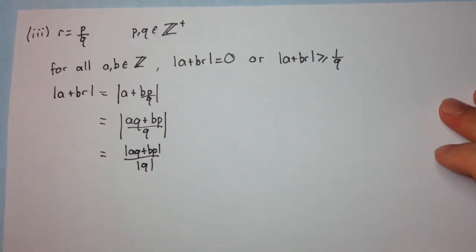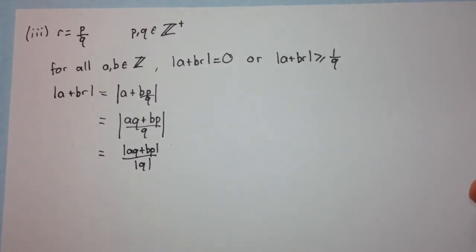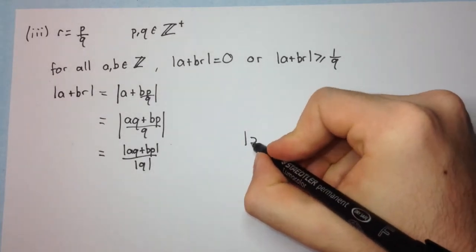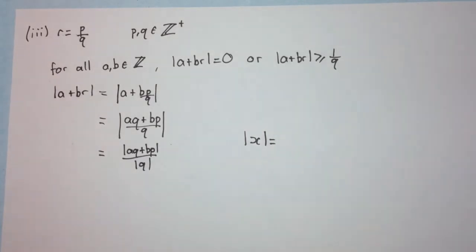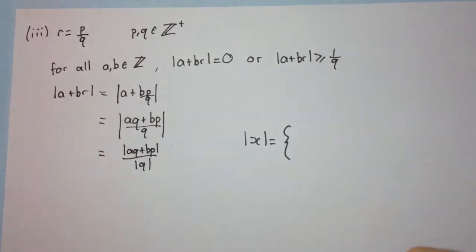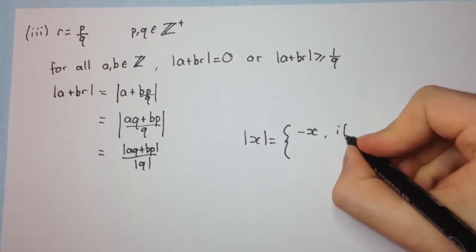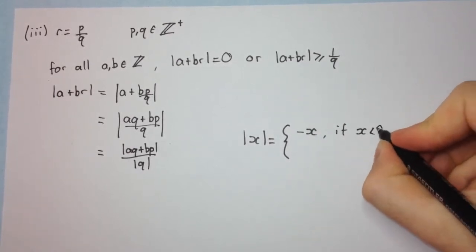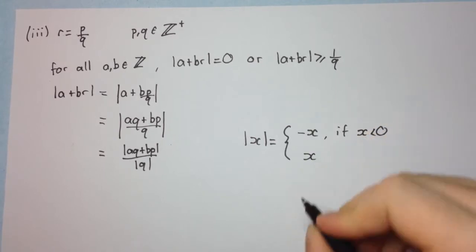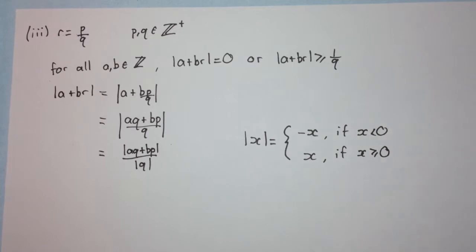Now, one thing that you need to remember, and a lot of people for some reason find this a little bit tricky, is that the absolute value function is defined as a piecewise function, which means the absolute value of x is equal to negative x if x is less than 0, and is equal to x if x is greater than or equal to 0.